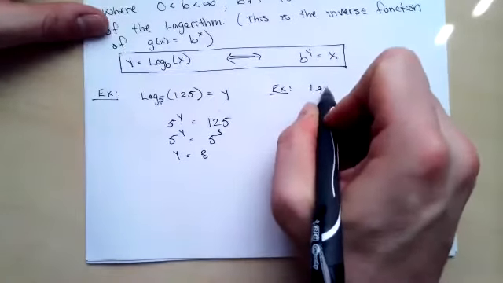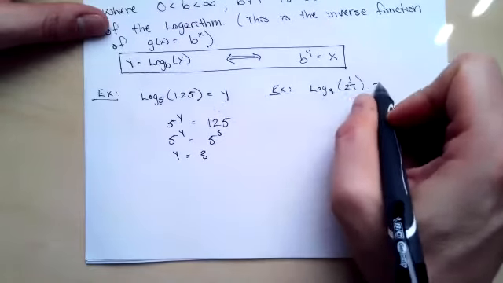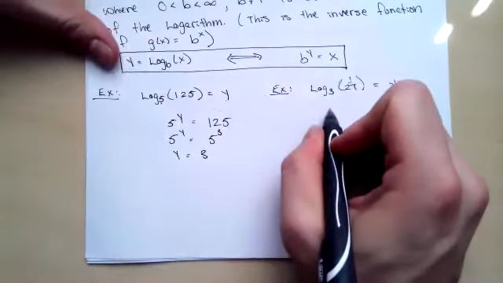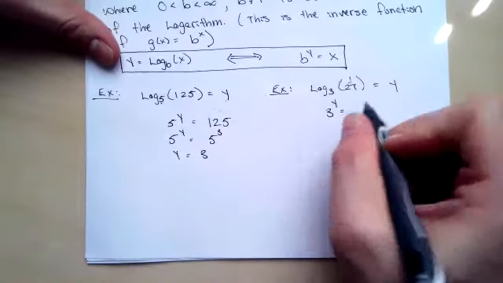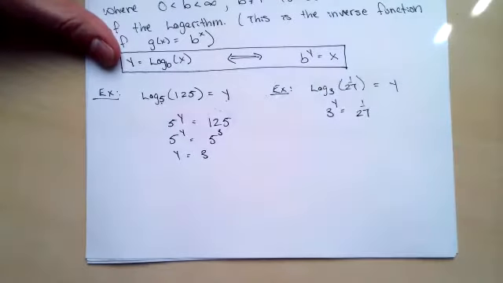Other examples, if we have log base 3 of 1/27, we don't know what that is, let's just call it something. Let's say it's y. And this says 3 to the y is 1/27. So always base to the opposite side.